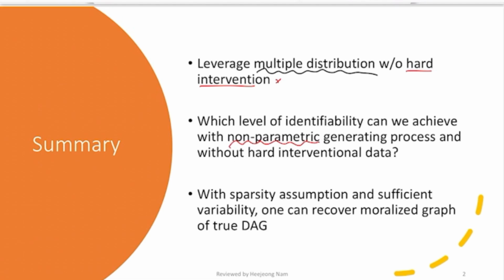What we mean by level of identifiability is that in the literature of nonlinear ICA, causal representation learning, or disentangling, people discuss the level of identifiability, which is how strictly we recover the underlying latent variables. It can be permutation and component-wise transformation level, or sometimes just component-wise transformation level.